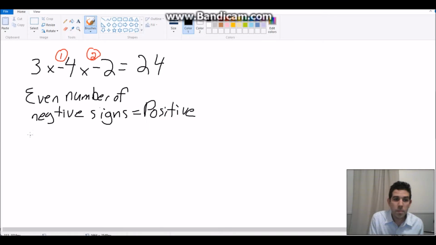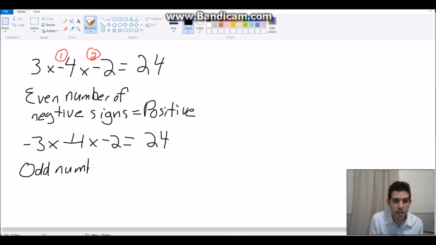Now, if we have a problem that has an odd number of negative signs, like negative 3 times negative 4 times negative 2, well, the math is the same. 3 times 4 is 12, and 12 times 2 is 24. But we now have an odd number of negative signs. Now, I'm not talking about even or odd numbers up on the board here.